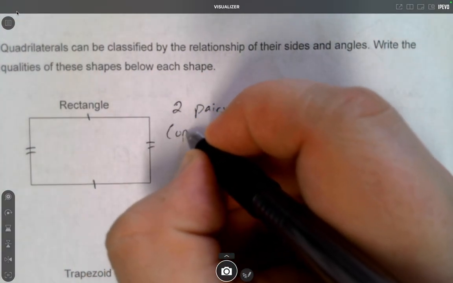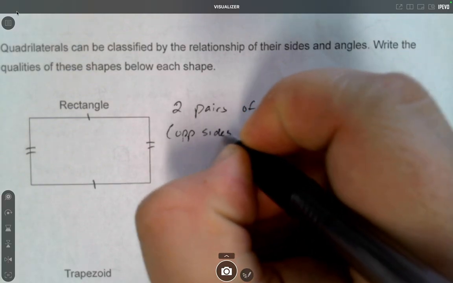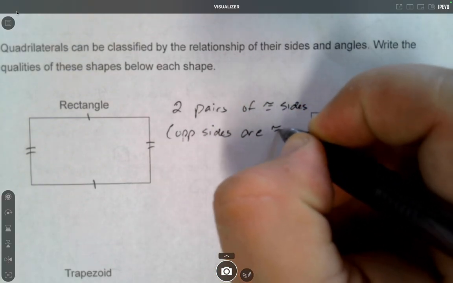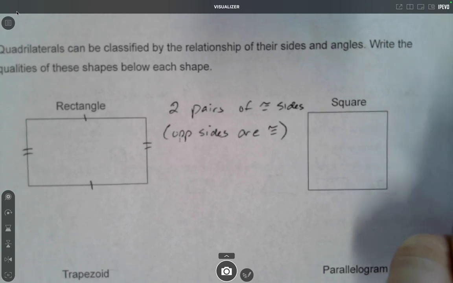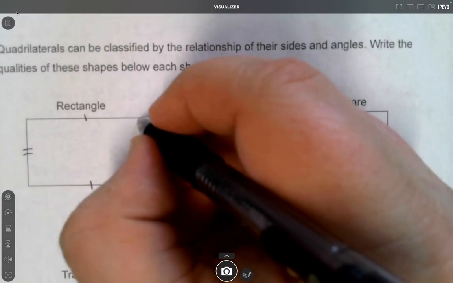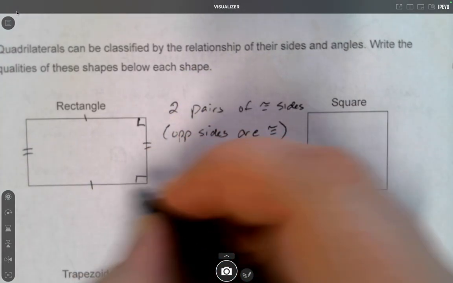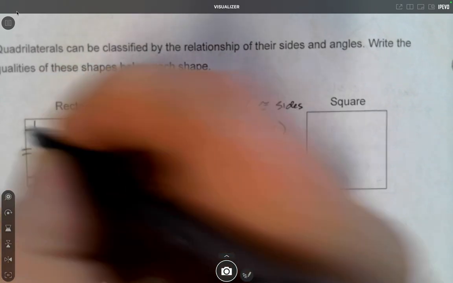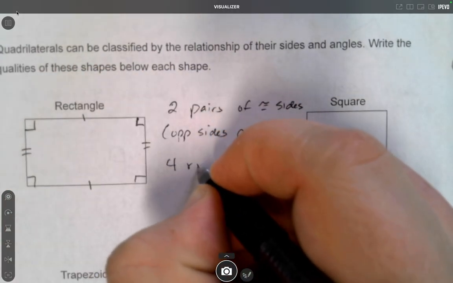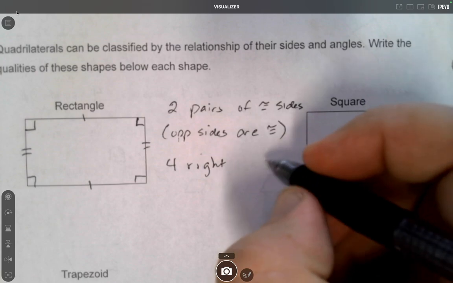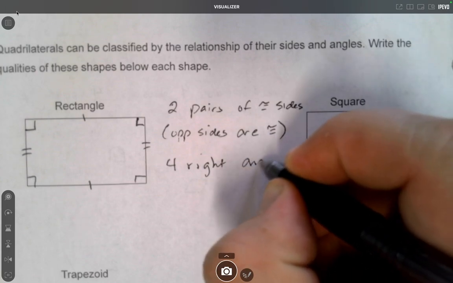Another way to say it is their opposite sides are congruent. And as far as their angles, every one of their angles is a right angle. So a rectangle has 4 right angles, or you could say 4 90-degree angles if you wanted to.